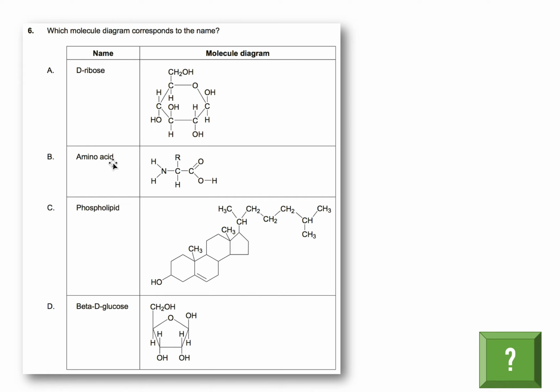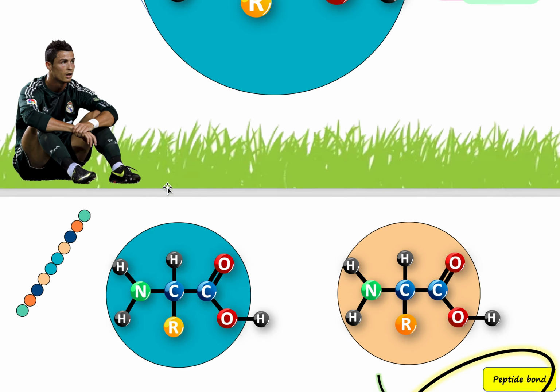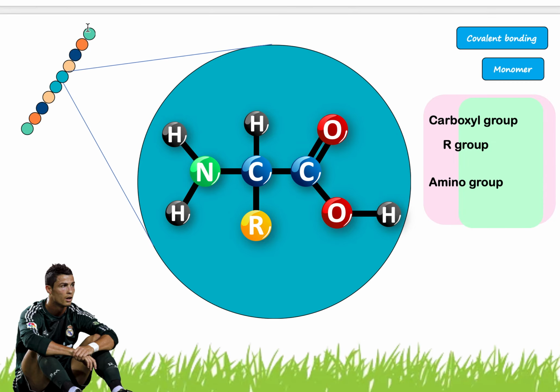What about B? B, amino acid, and then they have this. This is right. We know all amino acids have the same basic structure: a nitrogen next to a carbon, which is next to a carbon, and then there's an R group on the central carbon. I'll show you a better picture here. If we consider this to be a chain of amino acids, and we look at one amino acid, it has this basic structure. The R group is a group that varies.